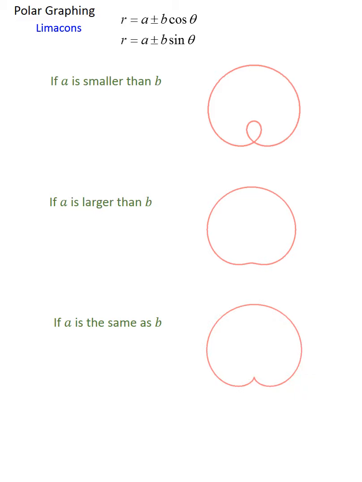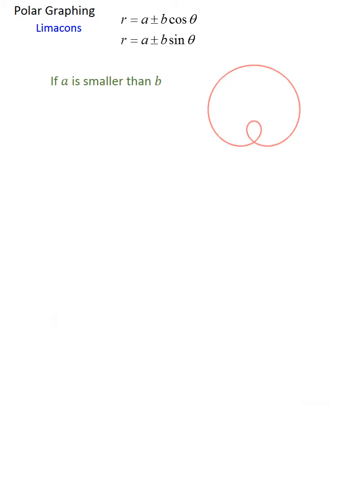In fact, when A and B are the same number, we call this limacon also a cardioid. And that comes from the fact that it's kind of heart-shaped, I guess you could say. Now let's analyze this A is smaller than B case a little bit further. Remember, I'm just sharing my decades-long observations.